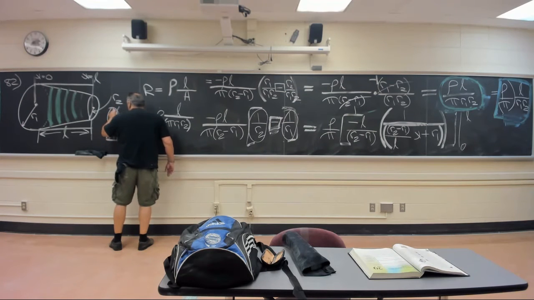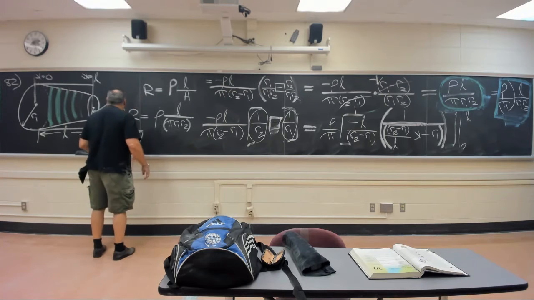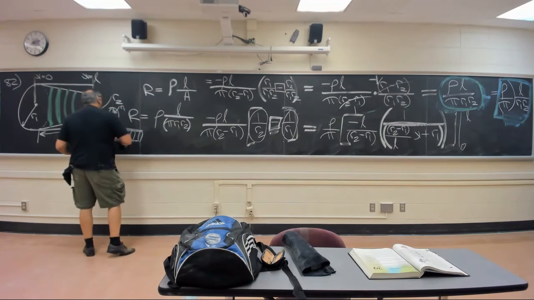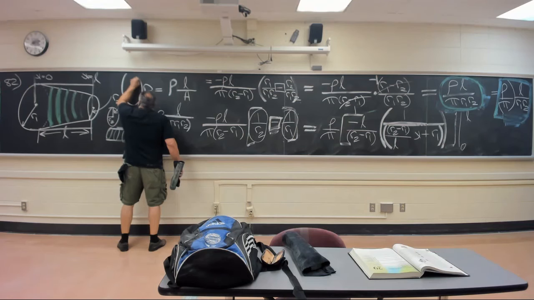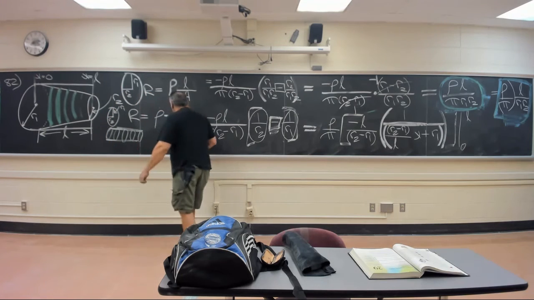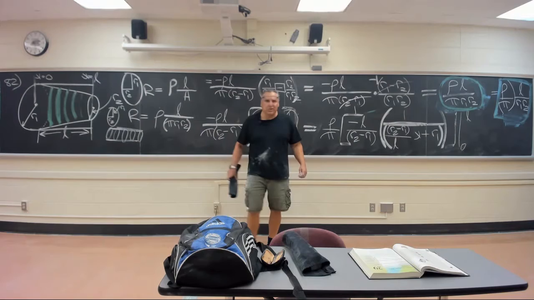Here's your R1. Hope you guys can see this okay. Let me draw that a little bit bigger. And here's the R2. So there's the R1, and there's the R2, and the area is pi R1, R2.